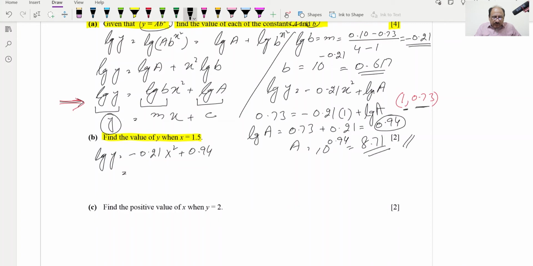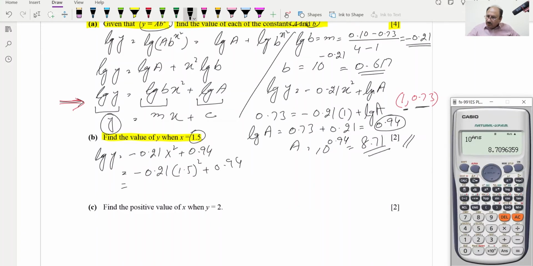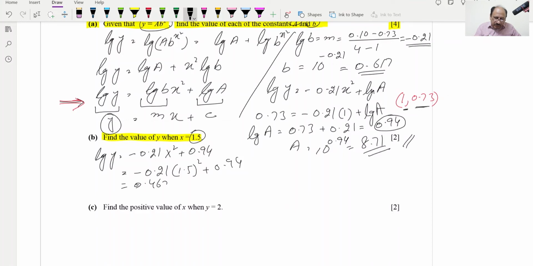Basically we will be replacing x is equal to 1.5. So minus 0.21 into 1.5 squared plus 0.94, and this is equal to 0.4675.